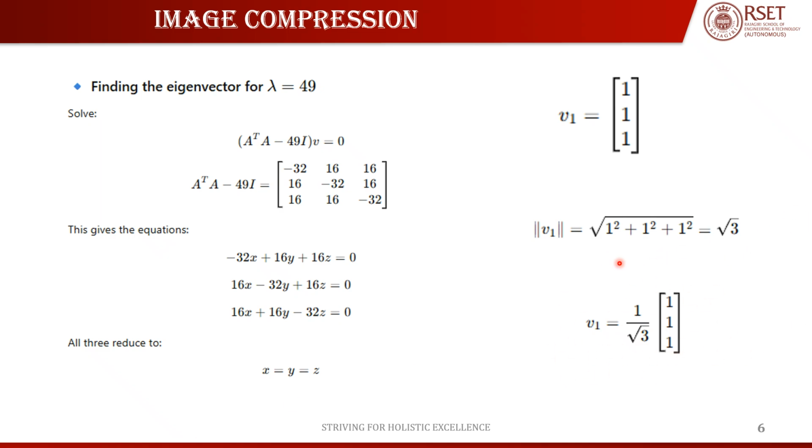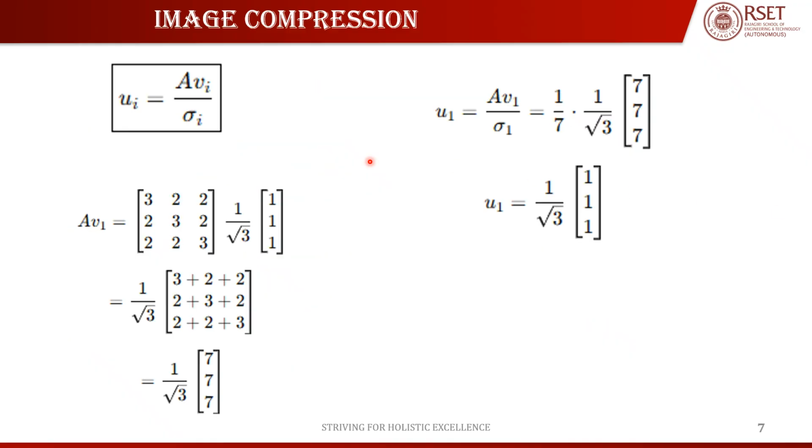Now you have your eigenvector, and next you will find u_i. Since we need rank 1 compression, you need to get u1 and v1. To get u1, you need to find A v1. Just multiply them and your A v1 will be 1 by root 3 times 7, 7, 7.